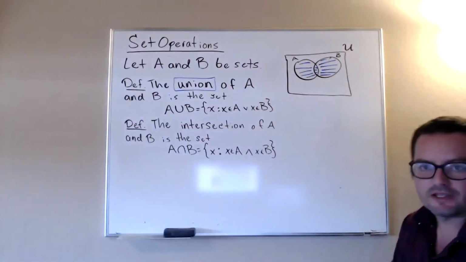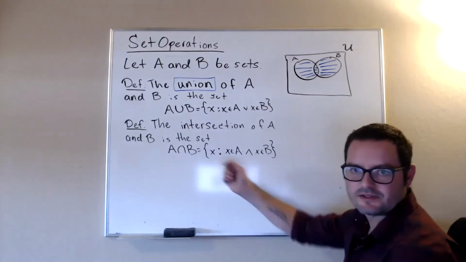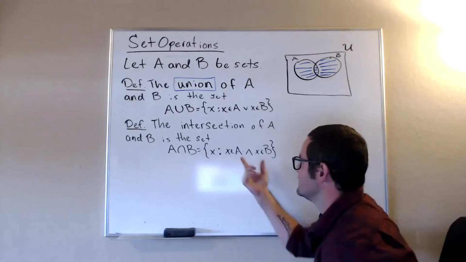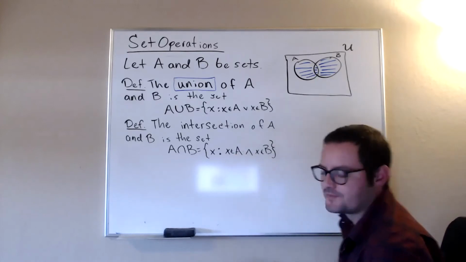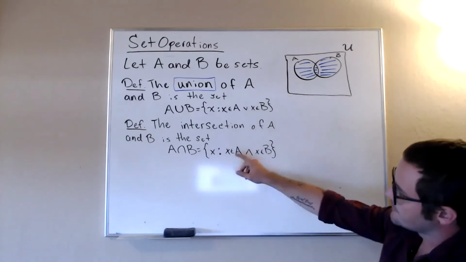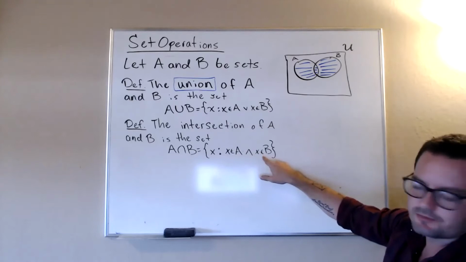So in order for something to belong in this set, the intersection, this conjunction with the AND operator needs to be true. And if you recall from logic, this is only true when that's true and that's true, right?